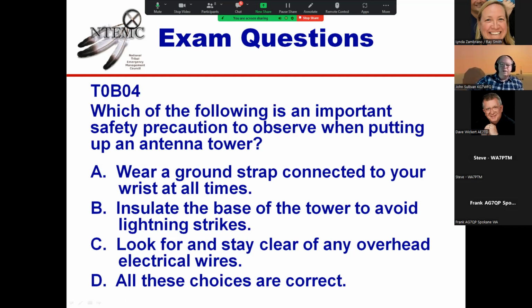Well, insulating the base isn't going to do anything. It has nothing to do with putting up the tower safely. Look for and stay clear of any overhead electrical wires. Clearly the answer. If you're raising up a tower, you want to make sure you don't touch overhead electrical wires. That will ruin your whole day.